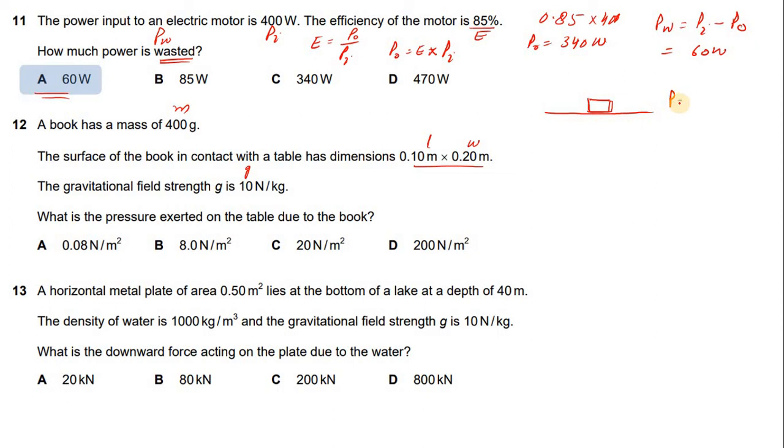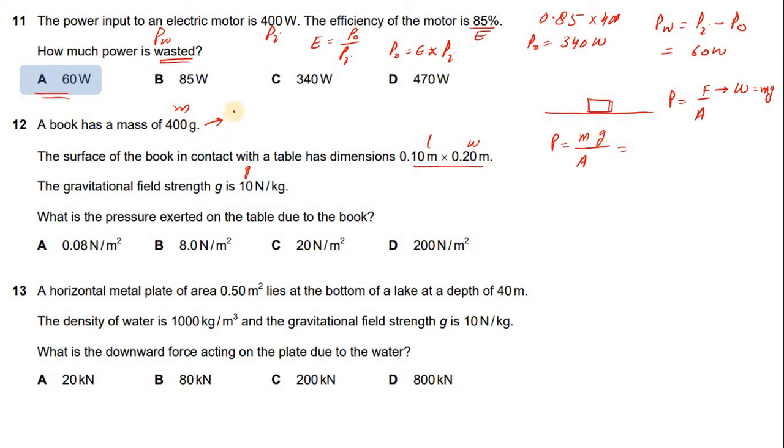So pressure P is equal to F upon A. In the case of a solid object placed on a horizontal surface, this force is basically the weight of the object, mg. So P is equal to mg upon A, area. M is the mass, and in this case mass must be in kilogram.